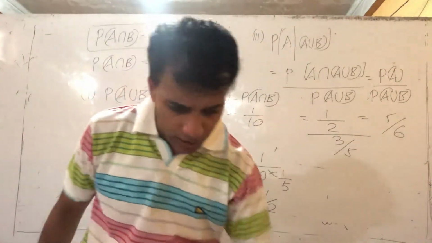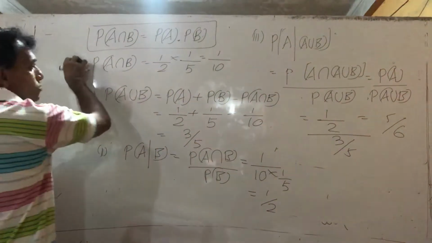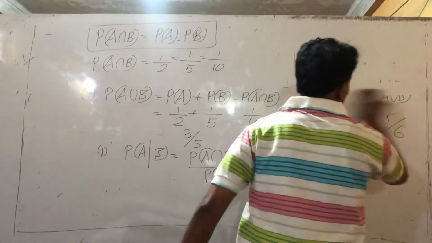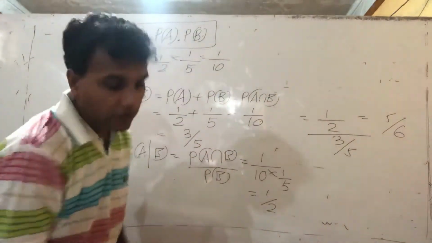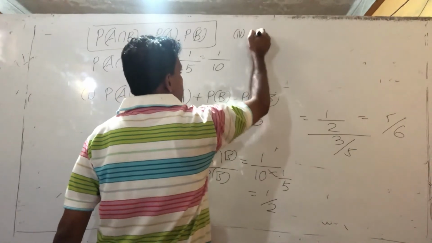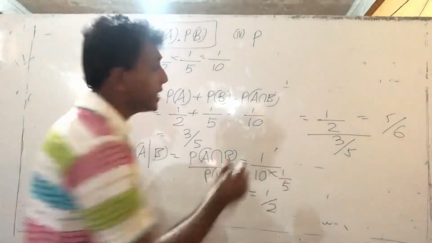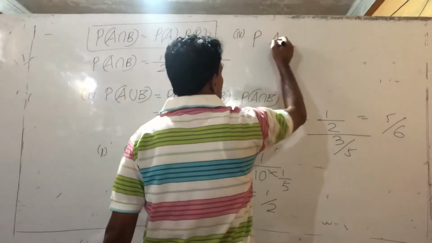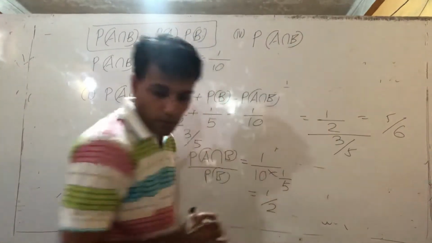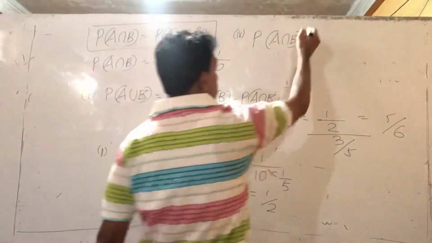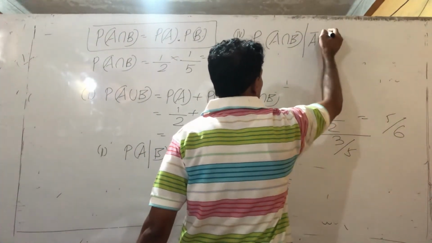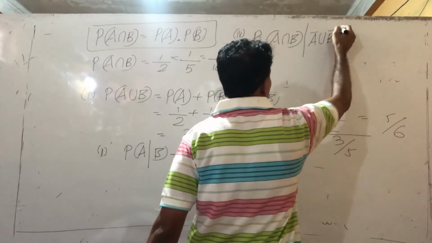So last part is what? Last question in this question number 9, fourth part. Find the probability of A intersect B, given that A bar union B bar.